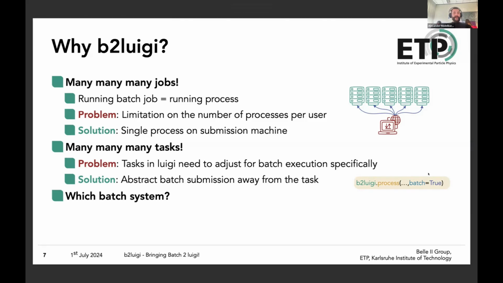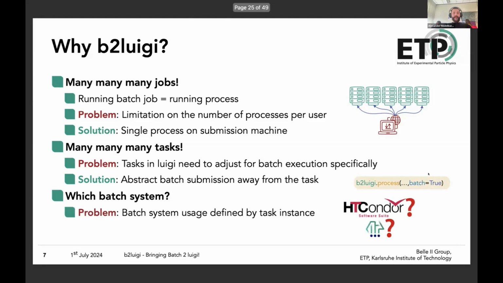Which brings another cool feature of this, because it's also not naively implemented in Luigi: I do not know which batch system I want to run. Maybe I have access to more than one of them.